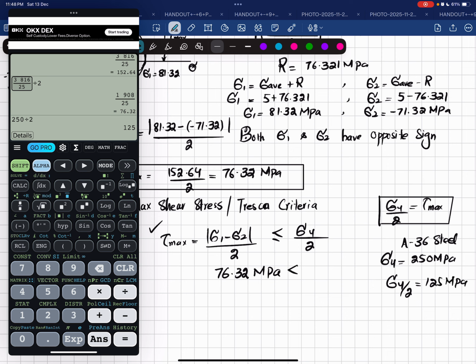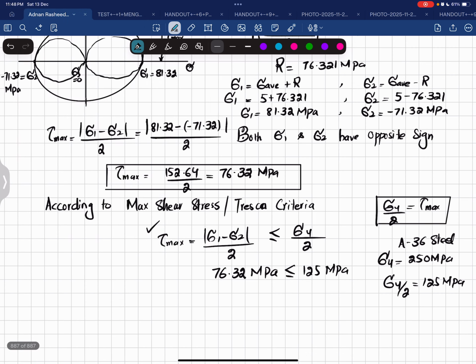Clear? And you can see this is less than 125 megapascal. I will write it as 76.32 megapascal is less than 125 megapascal.